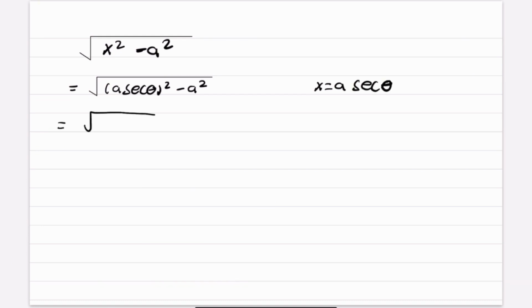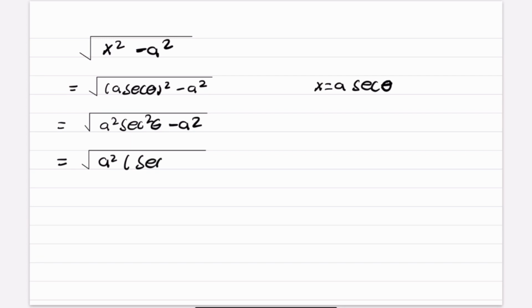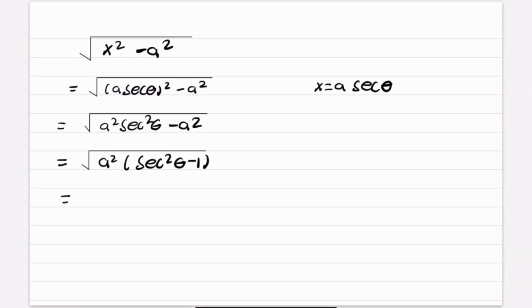So this is equal to the square root of a squared secant squared theta minus a squared, and factoring out an a squared, we get that this is equal to the square root of a squared times secant squared theta minus 1. Pulling out the a squared, we have the absolute value of a times the square root of secant squared theta minus 1.